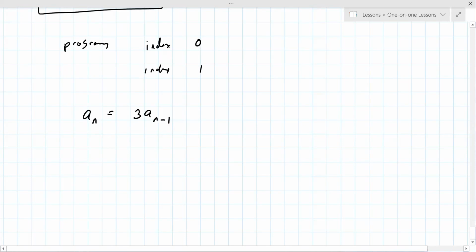Your instructor is trying to say that there is such a thing as n equals 0. Like you could find that a sub 0 equals 1, and for n equals 1, a_1 equals 3. This is okay, but it's not shown in your book. I think most sequences in your book start at 1.